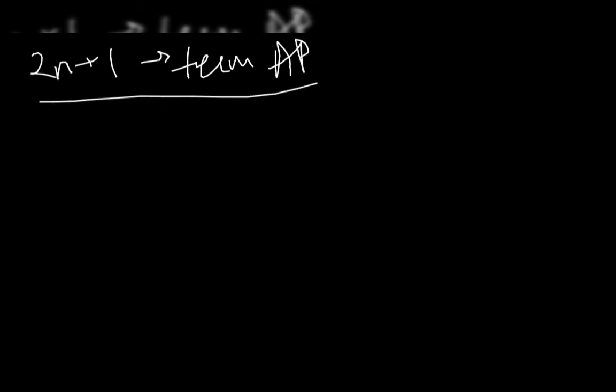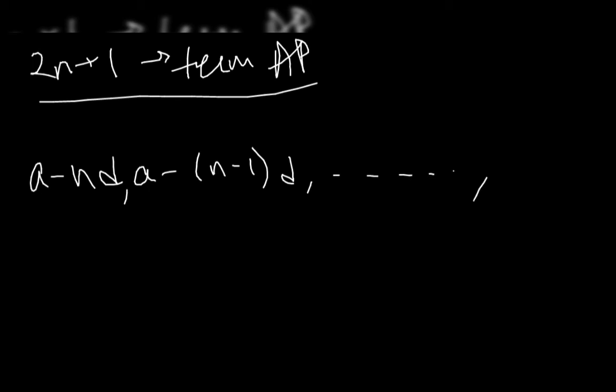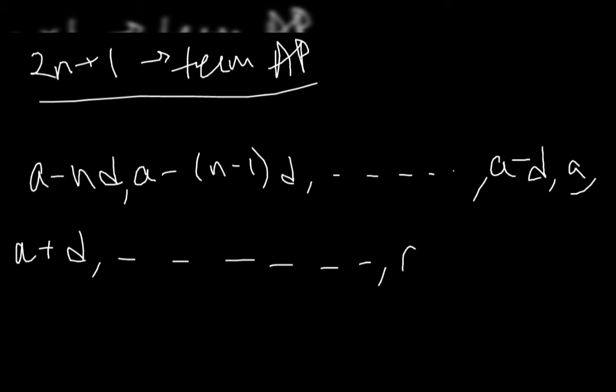It will look like this: a minus nd, a minus (n minus 1)d, and so on, a minus d, a, then a plus d, and so on, a plus (n minus 1)d, a plus nd.